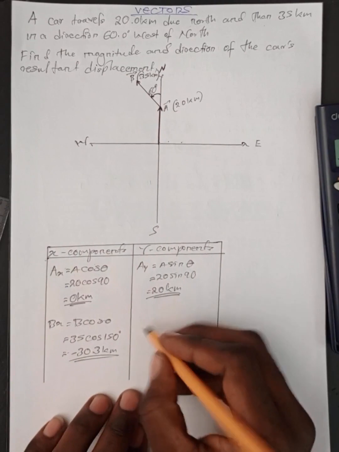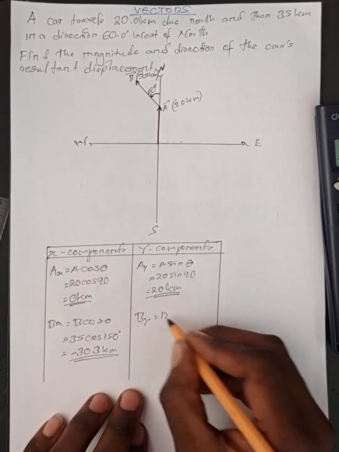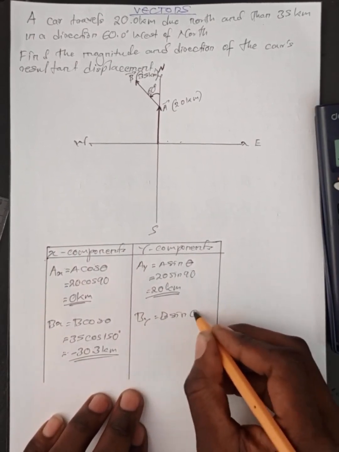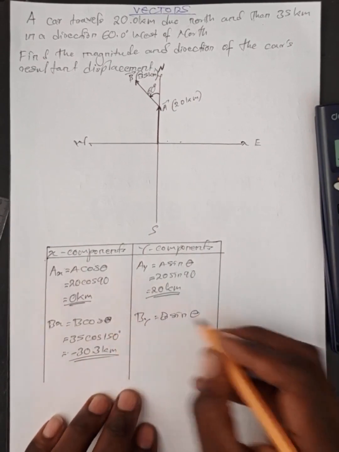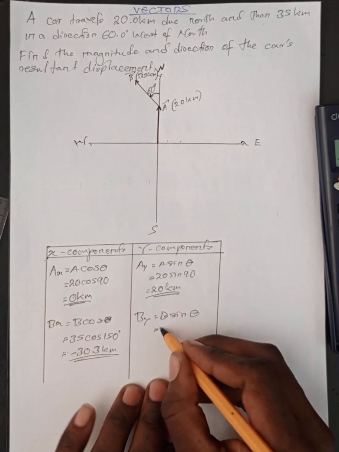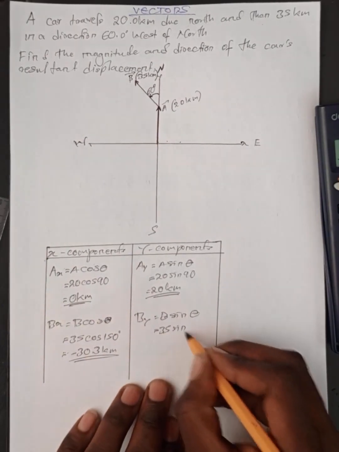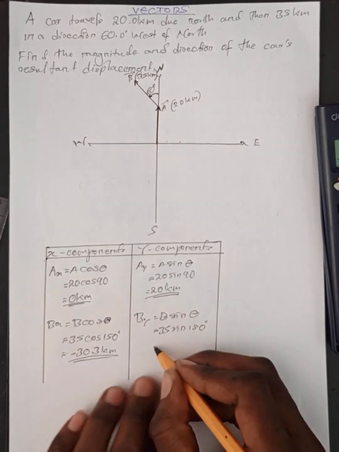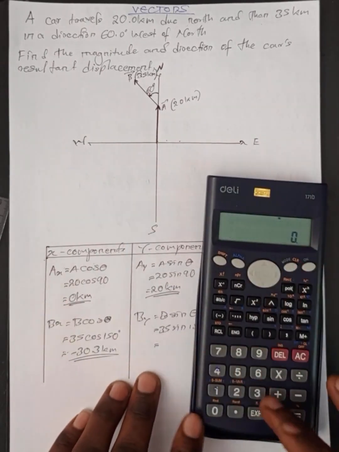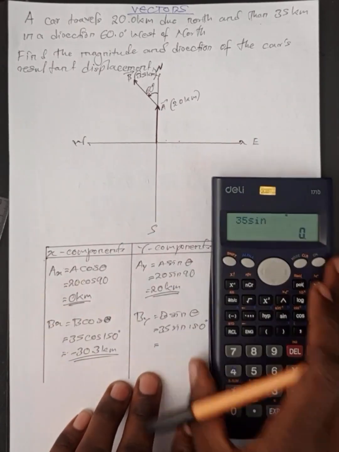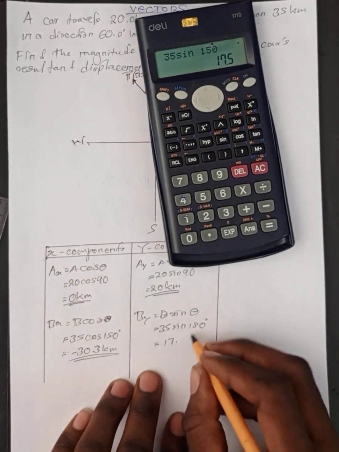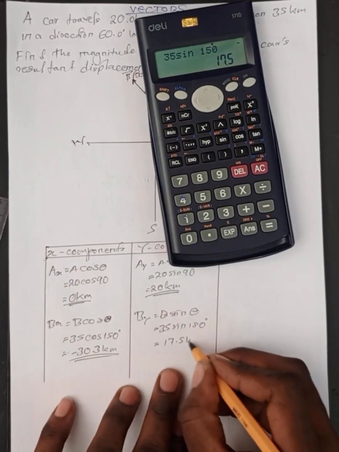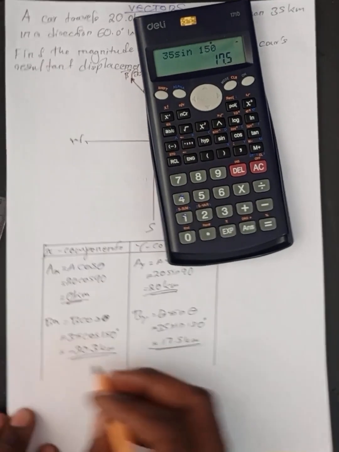Then here we have By equal to B sine theta, 35 sine 150 degrees, which is 17.5 kilometers.